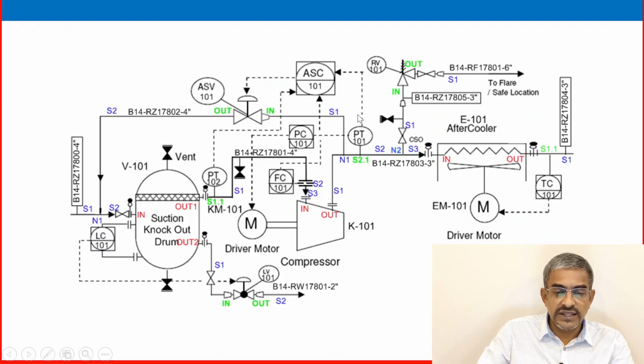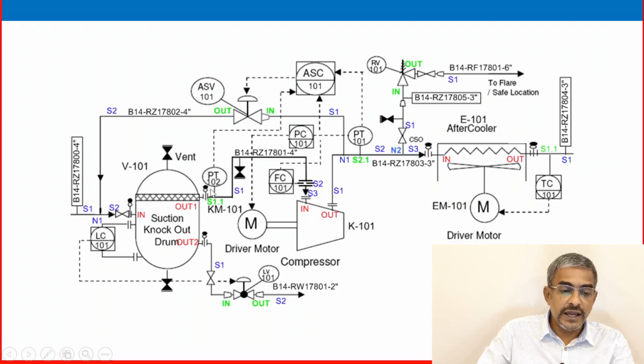That controller takes the pressure, both suction pressure and discharge pressure. Of course, it can take flow sensing and temperature also, but here it shows only pressure transmitters on both suction and discharge side, connected to the anti-surge controller. That controller takes care and the signal goes to the anti-surge control valve.